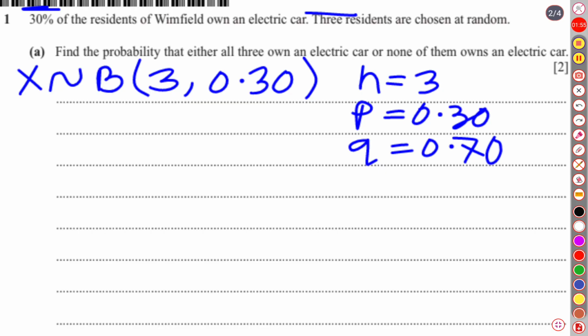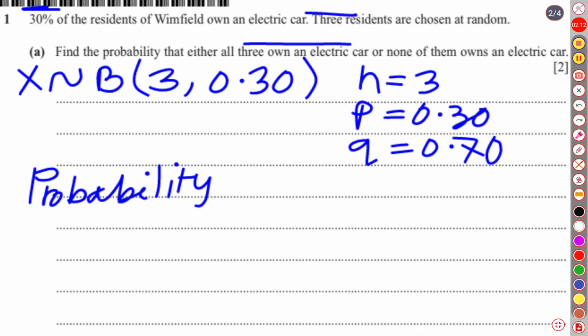Well, they have told us that either all three own an electric car. So the probability is equal to, let me write just beside this, all three. So 3 out of 3 own a car.